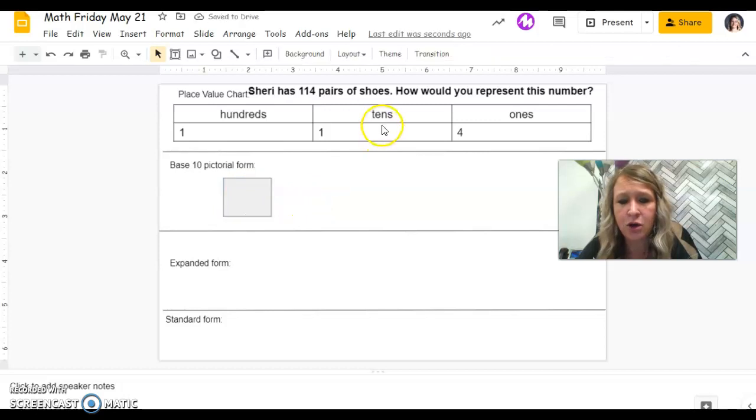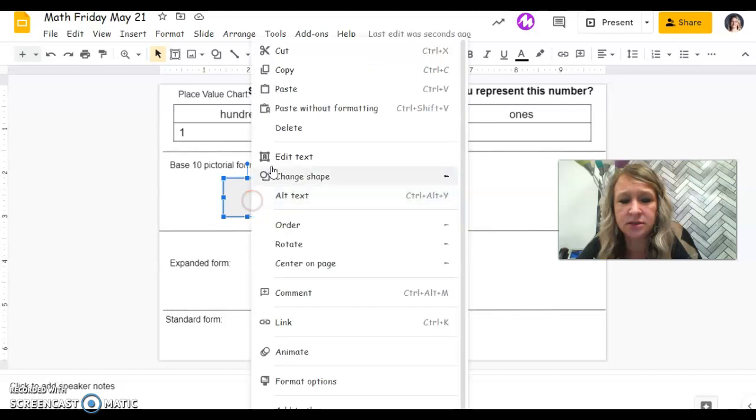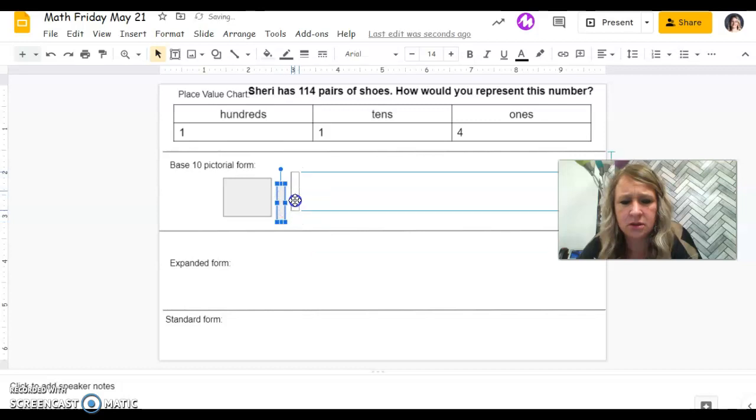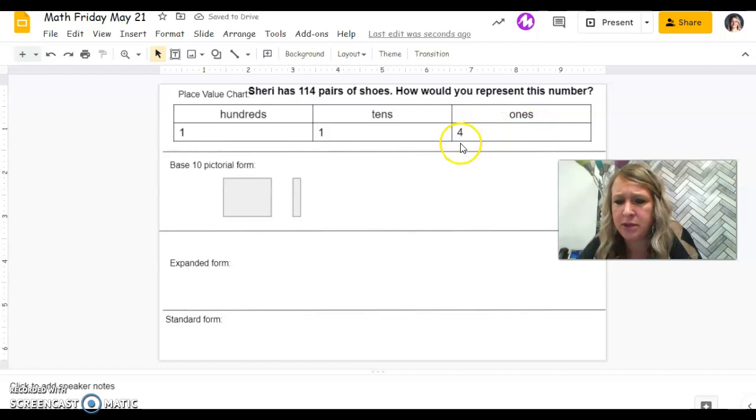All right, how many tens do I need? Oh, there's only 1, so I just need 1. This number isn't so bad. I thought it was going to be really hard. All right, 100, 110. Now, how many ones units do I need? 4.